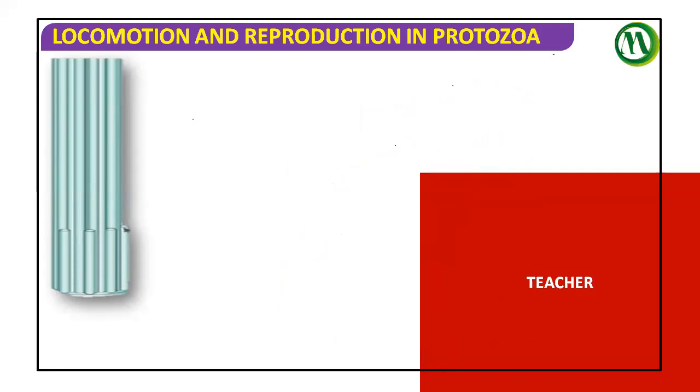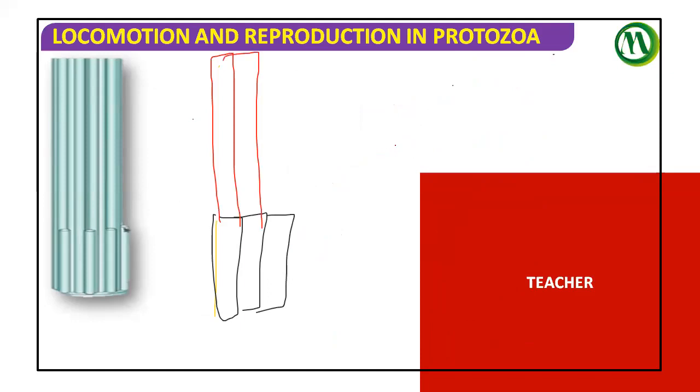So that means the basal granule has three microtubules, from which how many microtubules are arising as a flagellum? Two microtubules. So these kind of 9 are present in the flagellum and these kind of 9 are present in the basal granule.